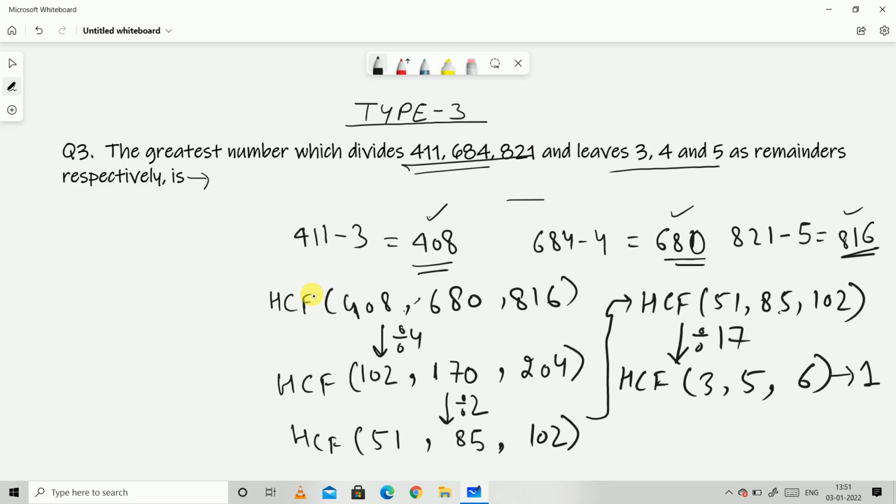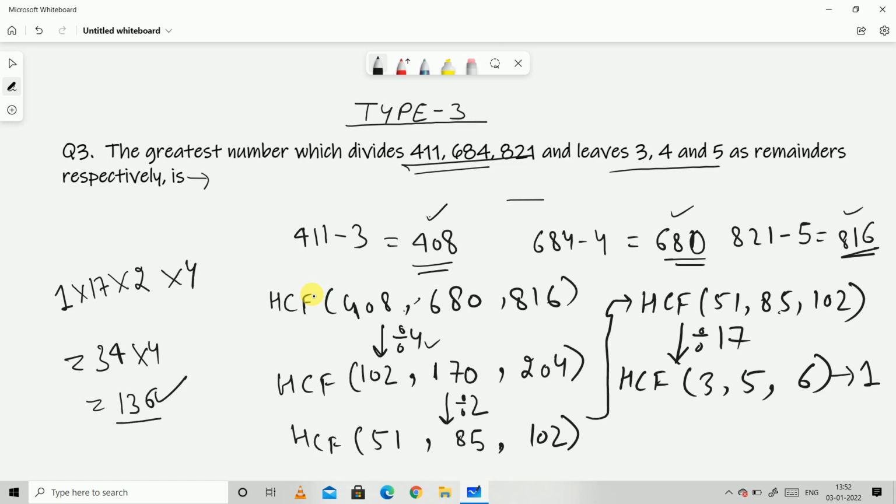And now we need to compensate for all the reductions that we made. We divided by 17, so I need to multiply by 17. We divided by 2, so I have to multiply by 2. And I divided by 4, so I need to multiply by 4 also. So 17 twos is 34, and 34 times 4 is 136.